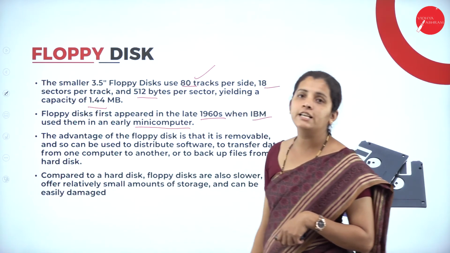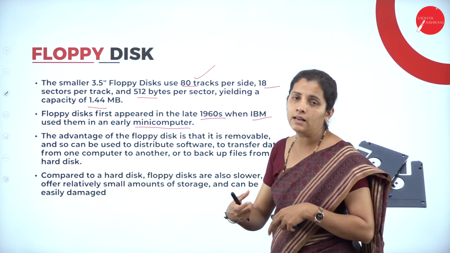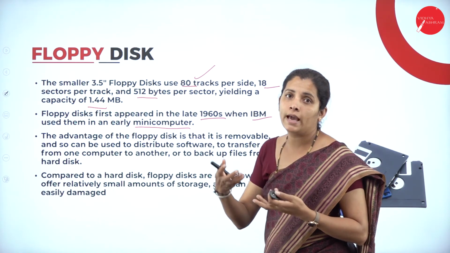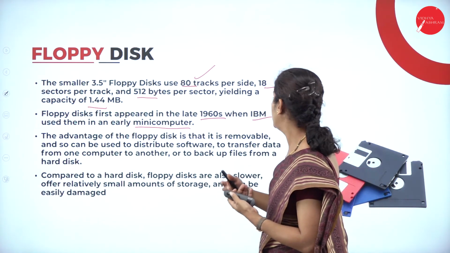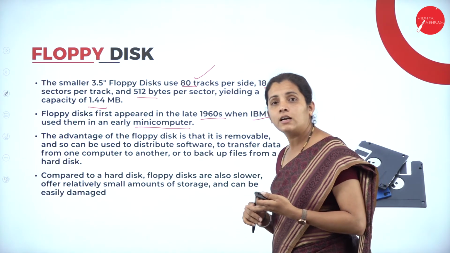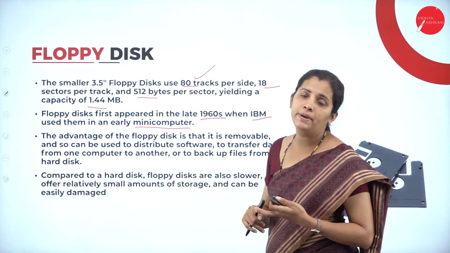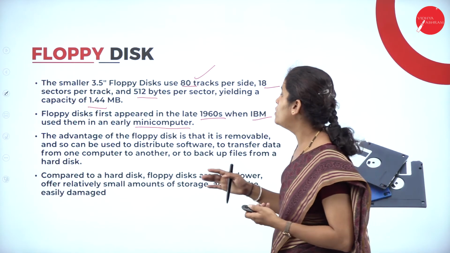The advantages of the floppy disk are that it is removable and very easy to carry from one place to another. It is mainly used to distribute software, transfer files, and keep backups.